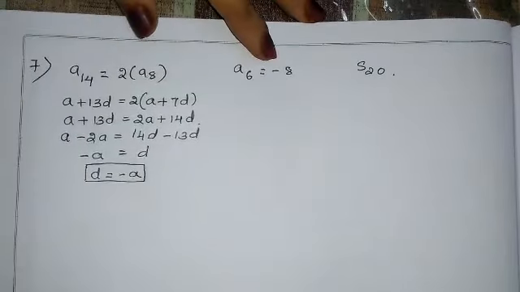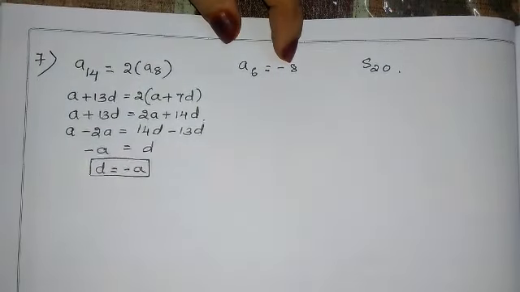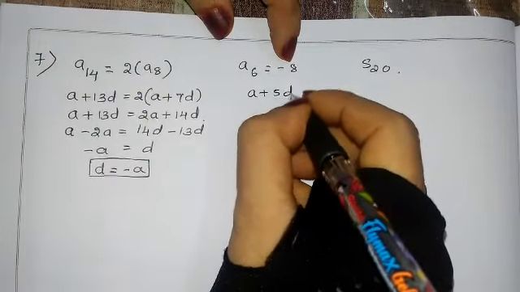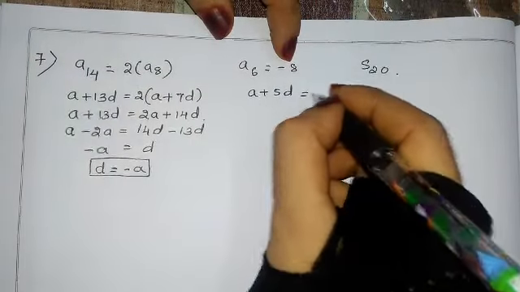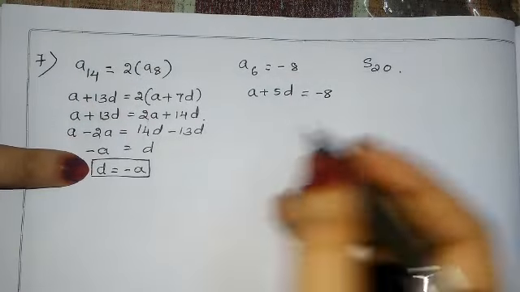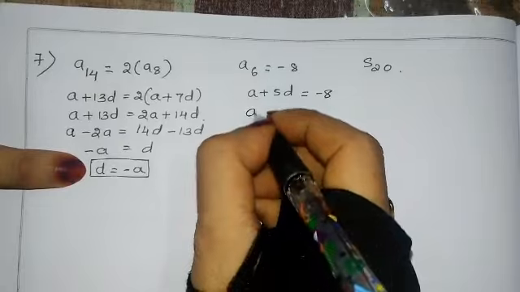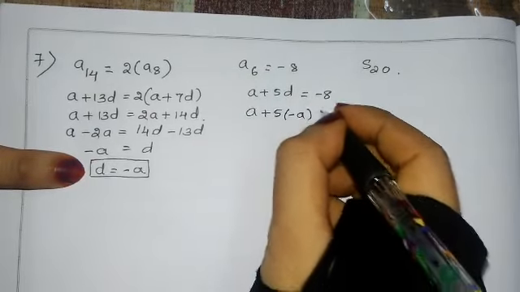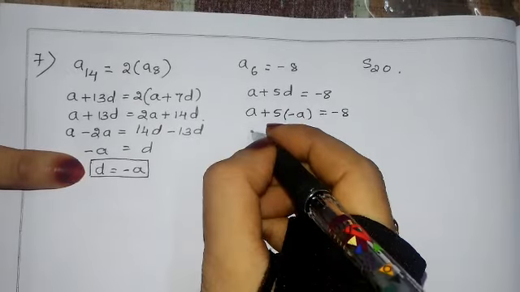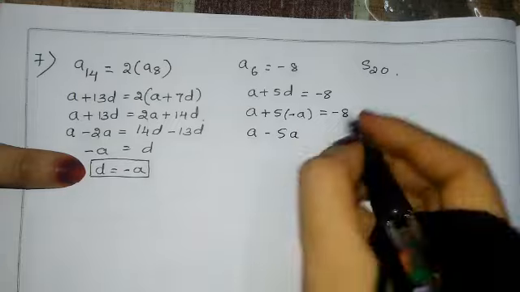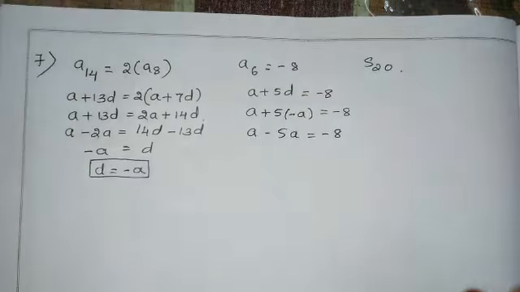We have already here A6, the 6th term, is minus 8. The 6th term is A plus 5D, equal to minus 8. We don't know A. D is minus A. A as it is. A plus 5 times minus A is equal to minus 8.